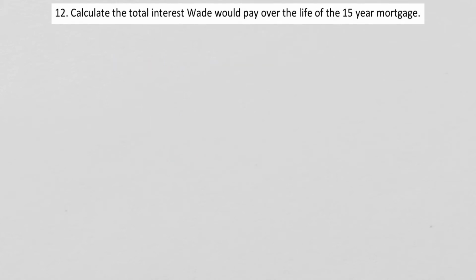Okay, number 12 asks us to calculate the amount of interest in the 15-year loan. So we're going to refer back to number 10, and the payment amount was $6,079.64, and there was a bunch of decimals. We're going to multiply this by 12 months per year times 15 years, and then that represents the amount that we're paying back in total over the life of the loan.